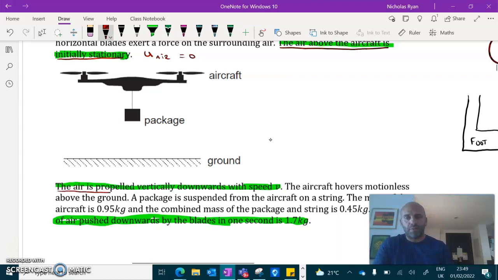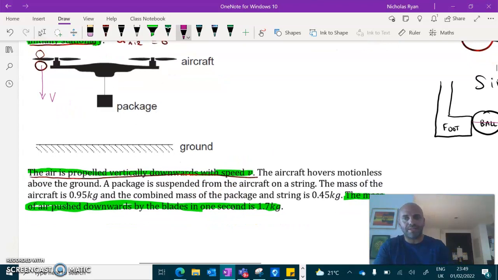And then the air is propelled vertically downwards with a speed v. So initially it's at rest when it's above the blade, and then it receives a pulse downwards, or a force downwards, and supposedly that force lasts for about a second or so, and it's going to come away with a final velocity of v.